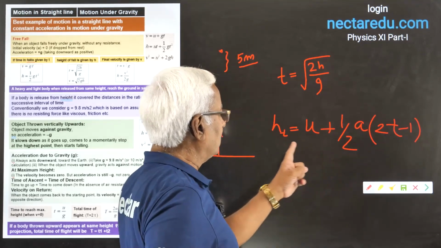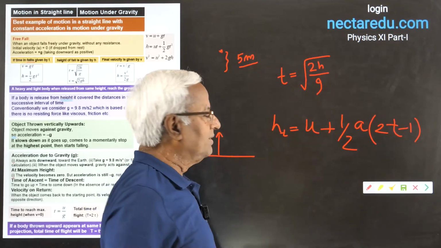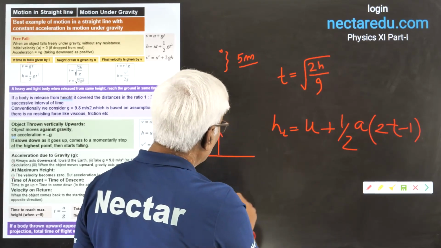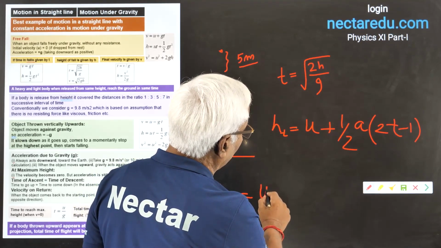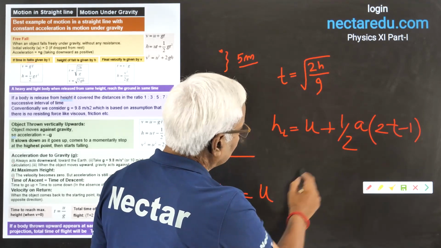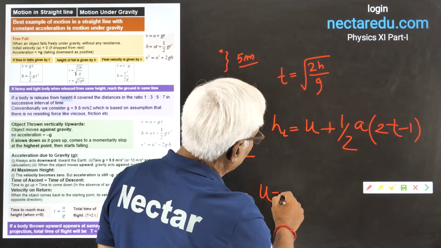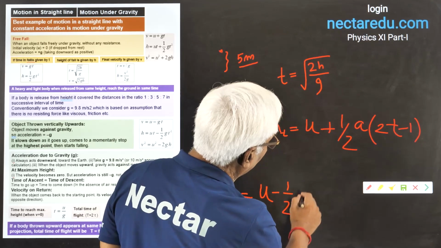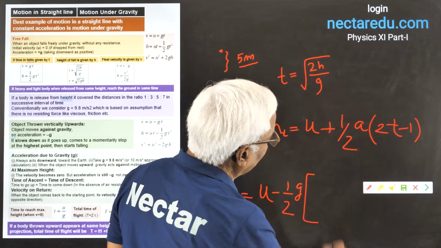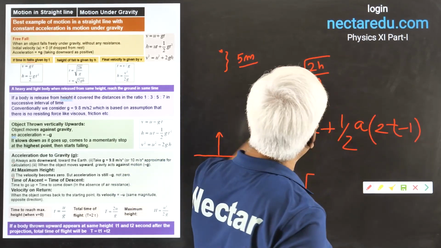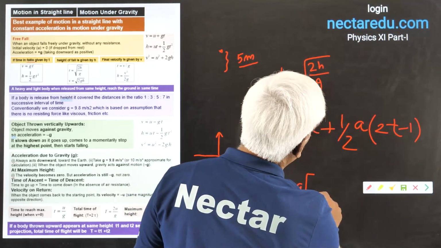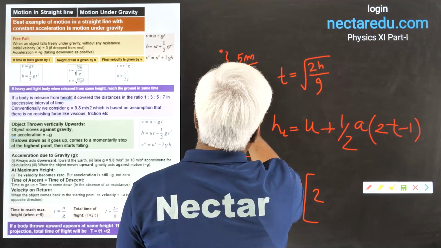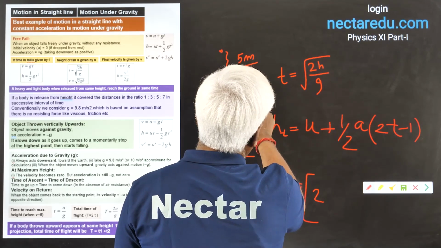The body is thrown upward with velocity u. This should be g minus half g. And what is the time in going upward? This t is also equal to u upon g.